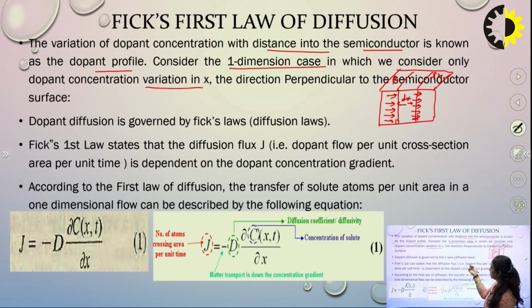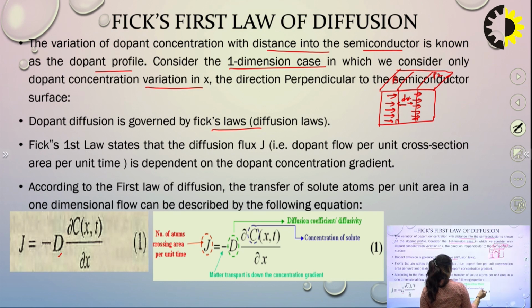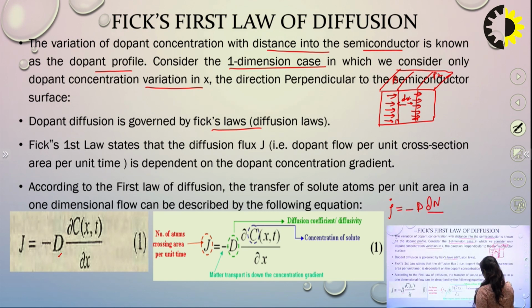The dopant diffusion is governed by Fick's diffusion law. It states that J is equal to minus D del C(x,t) by dx. We can also write it as J is equal to minus D dn by dx.